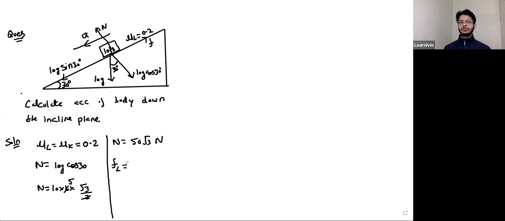After normal reaction, you can calculate force of limiting friction or force of kinetic friction, which is equal to mu N. Mu is 0.2, N is 50 root 3. Force of limiting friction and force of kinetic friction, they are equal. It comes out to be 10 root 3.